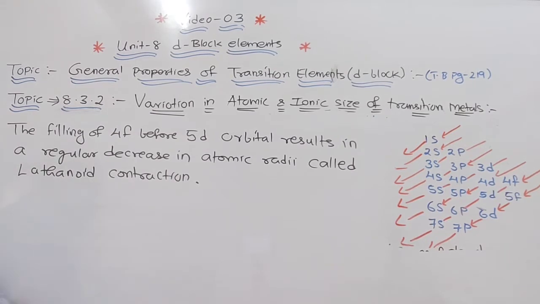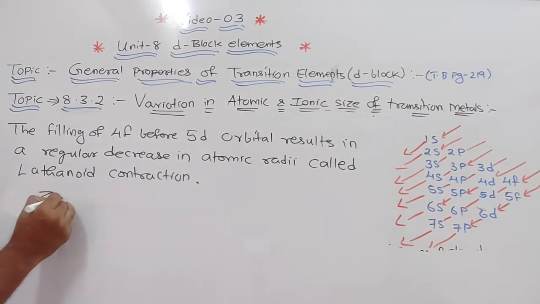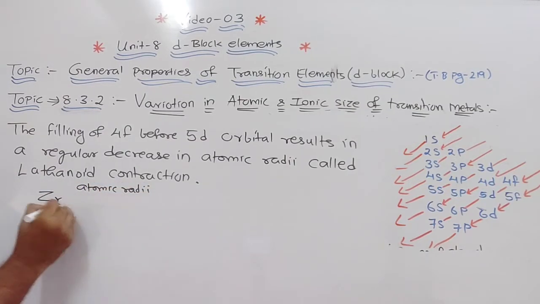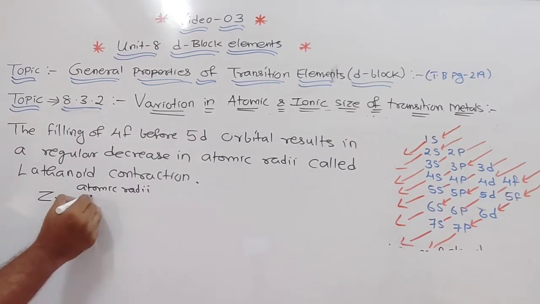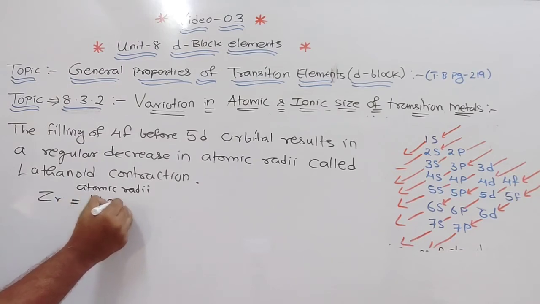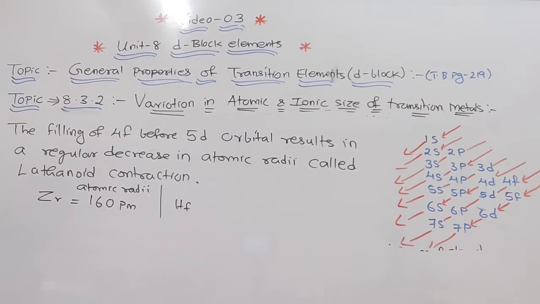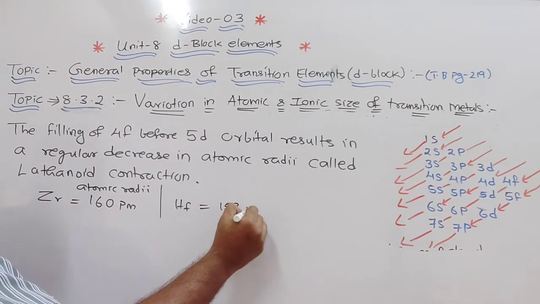Now for that they have explained it. You can see one example is given, that is atomic radii of zirconium. The atomic radii of zirconium, I think it is given there, you can see it is 160 picometer, and that of Hf, hafnium, it is 159 picometer.